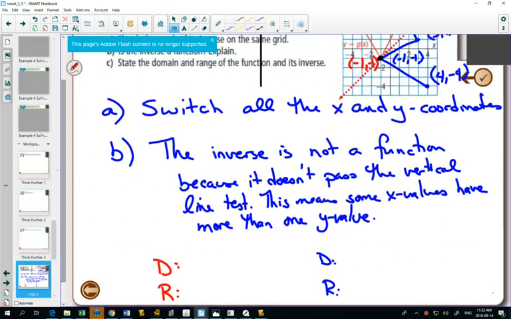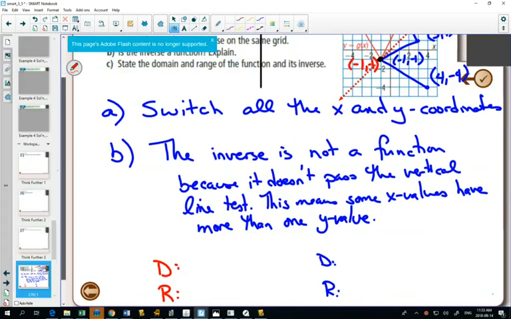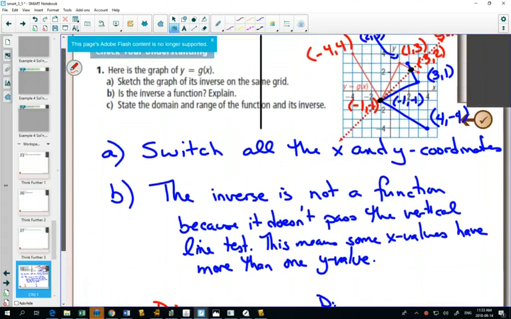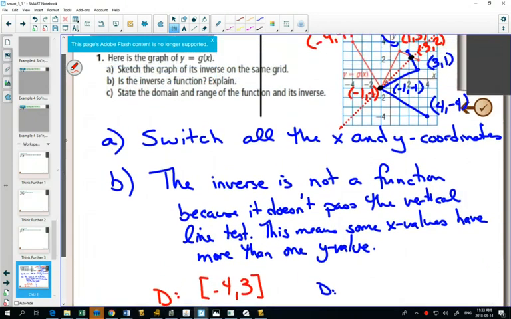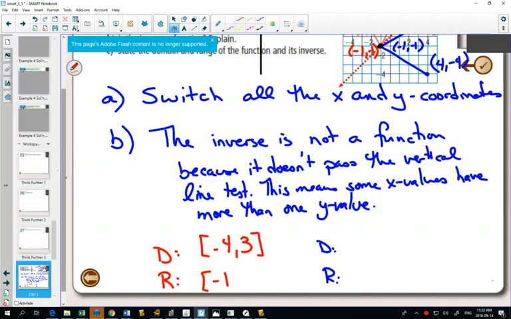The smallest x value is -4, the biggest x value is 3. Square brackets from -4 to 3. For the range, the smallest y value is -1 and the biggest y value is +4.